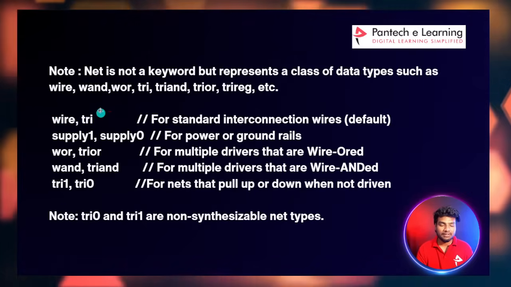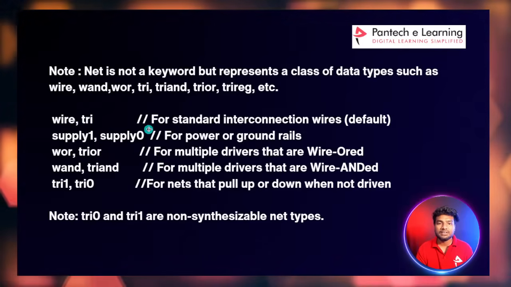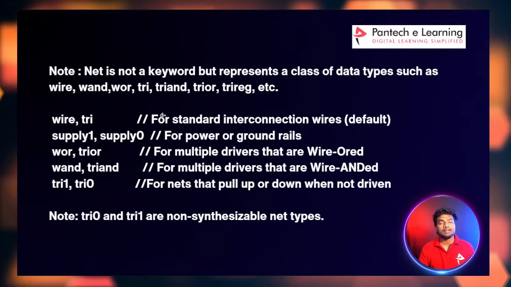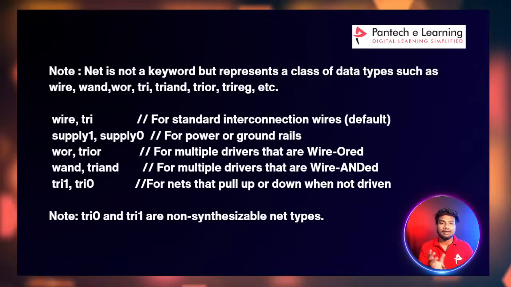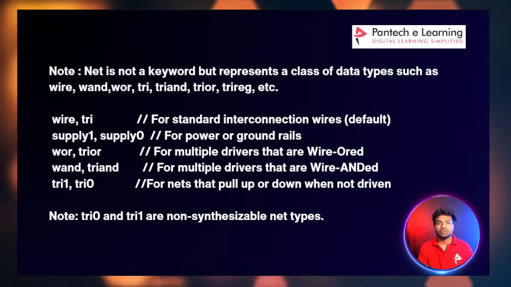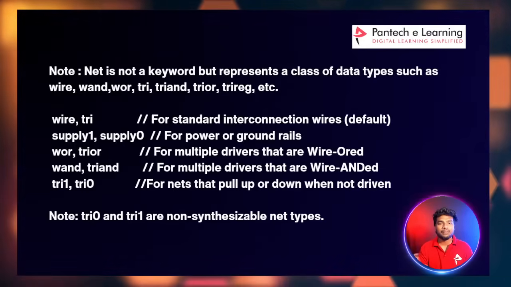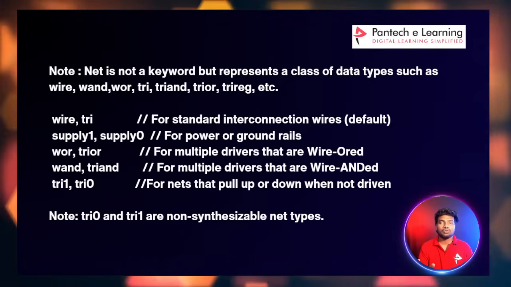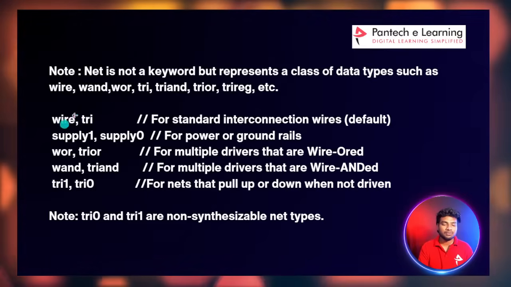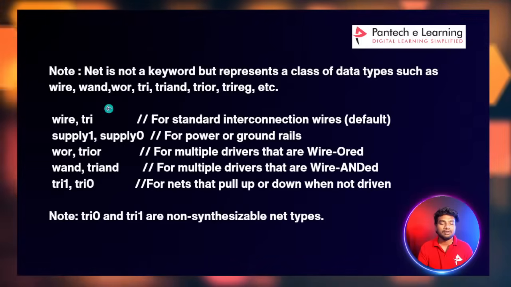So where are these used? In analog mixed signal. There is one domain in VLSI called analog mixed signal, AMS, which has its own Verilog language, and there they use these other data types. Why?